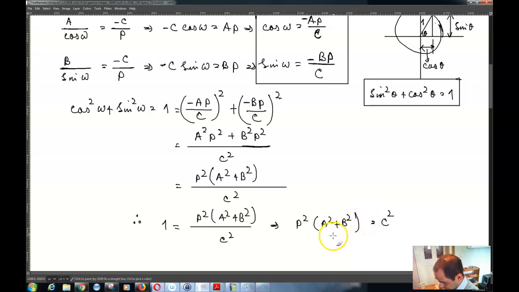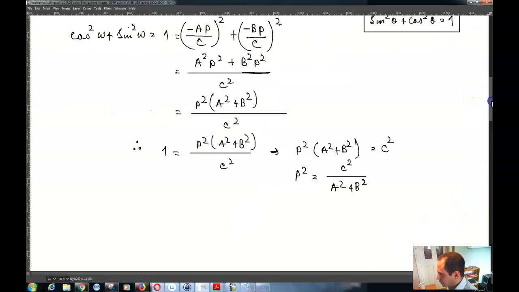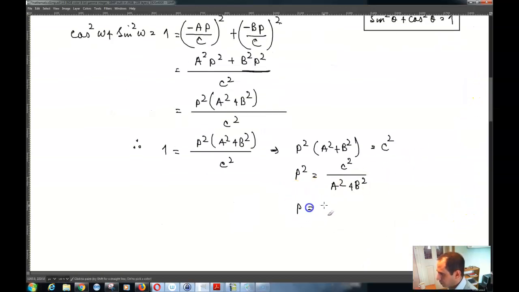which means that P squared is equal to C squared over (A squared plus B squared), which means that P is equal to plus or minus C over the square root of A squared plus B squared.